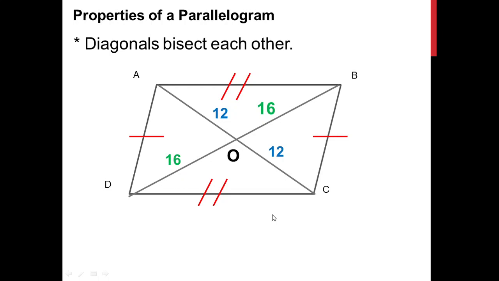And then opposite angles should be equal. Third, consecutive interior angles should add up to 180 degrees. And lastly, the diagonals bisect each other, meaning this half here should be equal to this one. Before a certain four-sided figure can be considered a parallelogram.